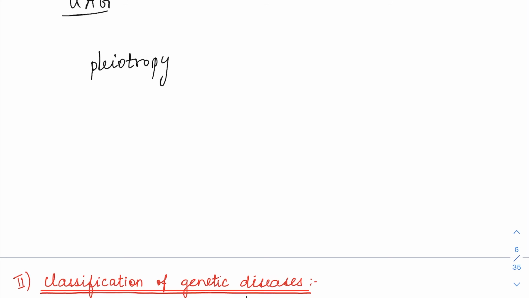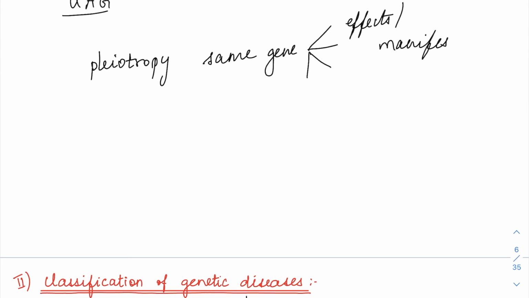The patient is going to appear very tall. So Marfanoid habitus. And some of the patients are going to have cardiac defects. So it is the same gene mutation, the fibrillin gene mutation only, but even though the disease is the same, various manifestations are going to be present. So the same gene mutation having various effects or manifestations is what we call pleiotropy.